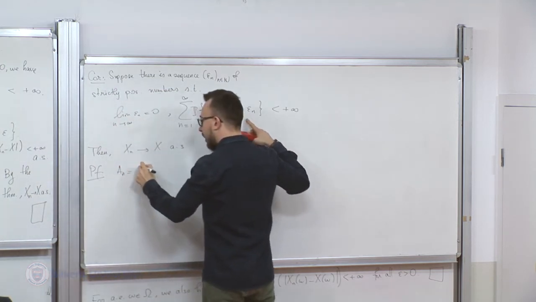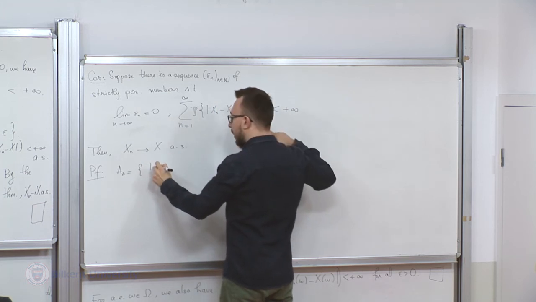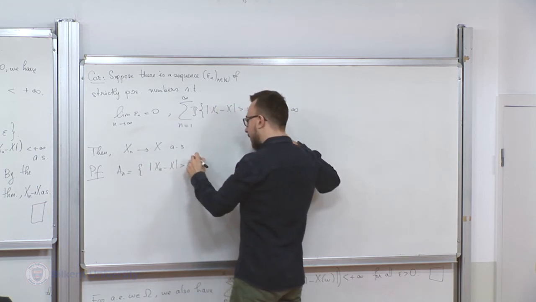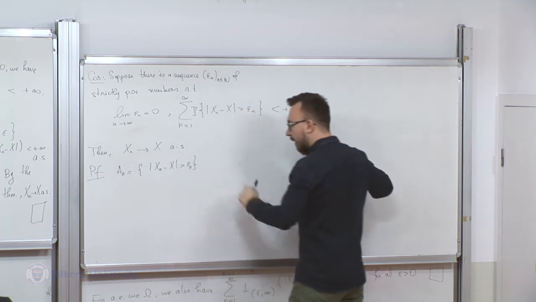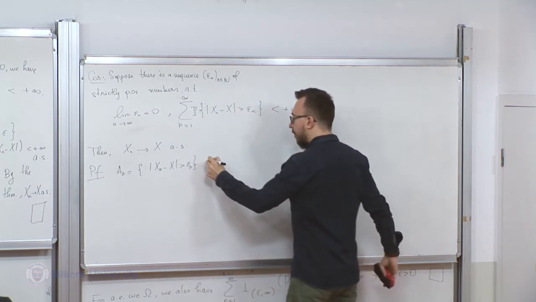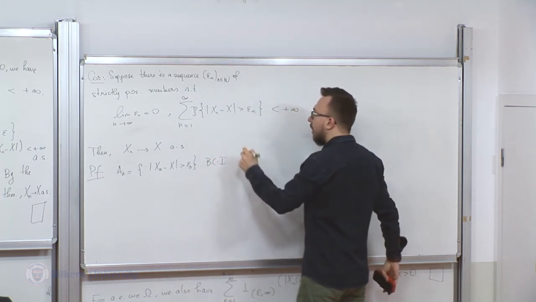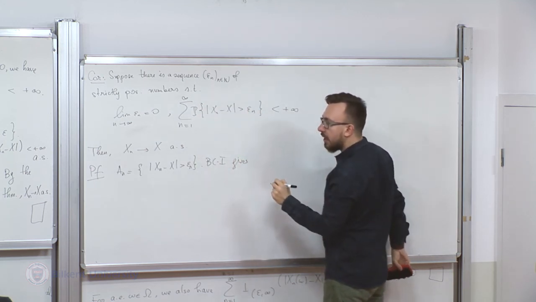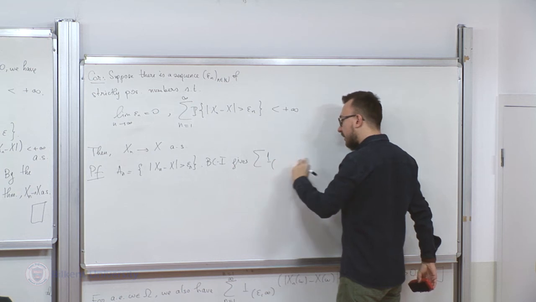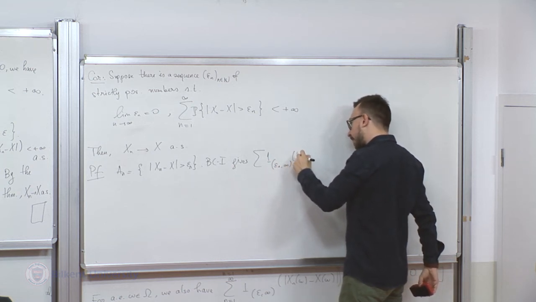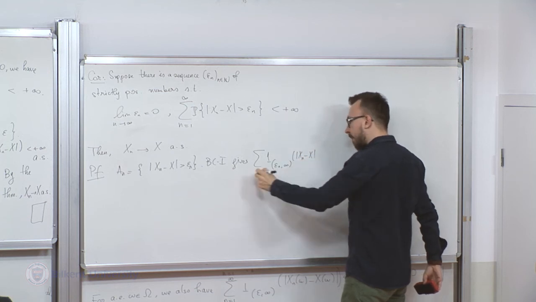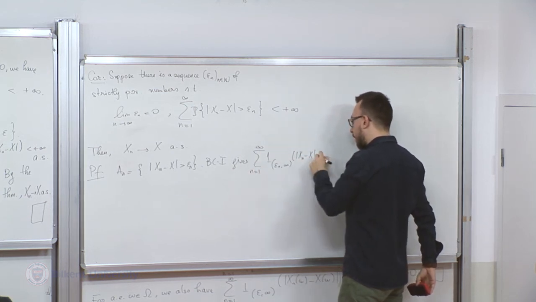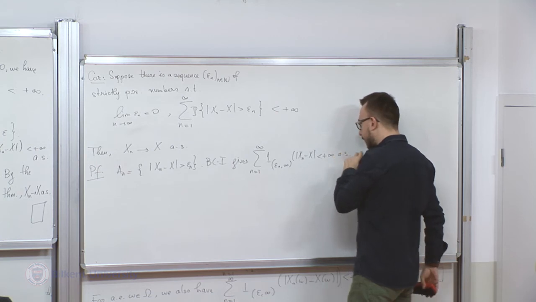Now we're going to take this event in Borel-Cantelli, with epsilon depending on n. So Borel-Cantelli 1 with this condition gives that the sum of their indicators is finite, almost surely.